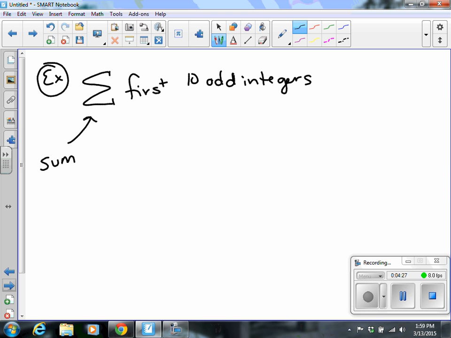So we know our formula, our sum, equals n divided by 2, a1 plus an. All right, so what is our n? Our n is the first 10 odd integers.